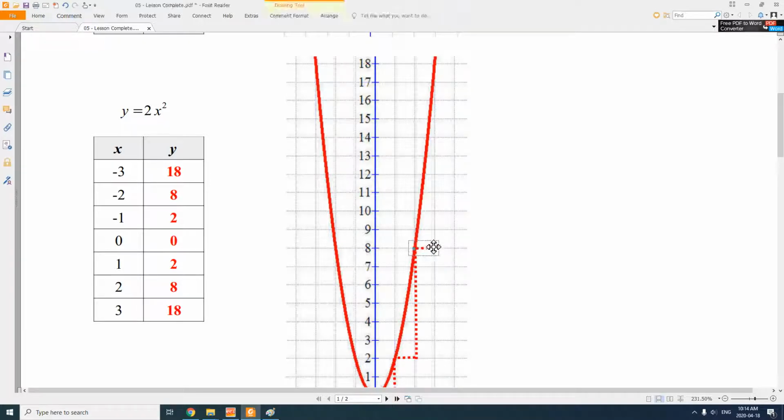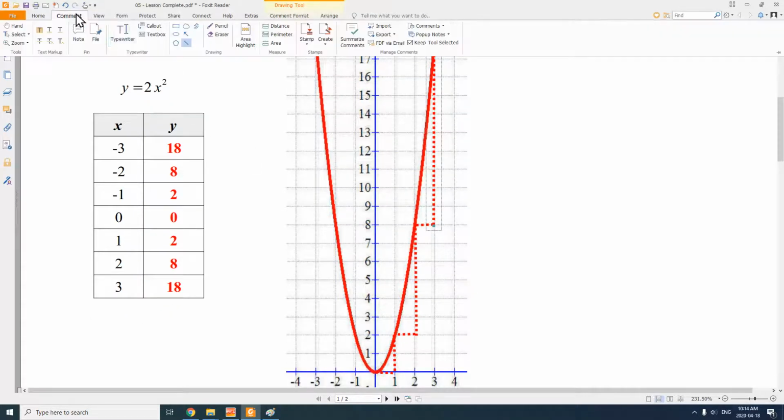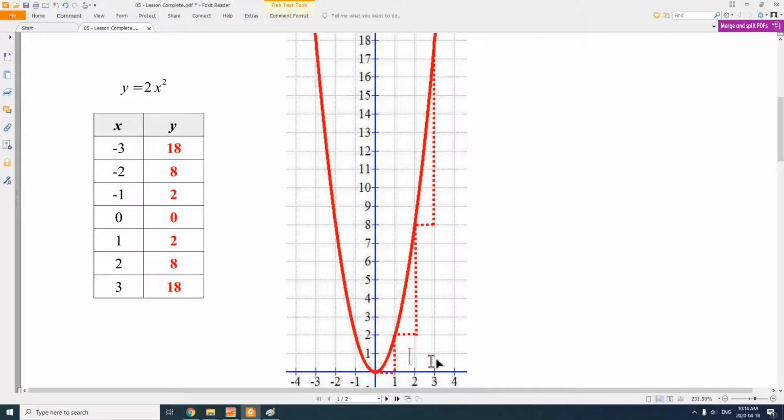Over, and I think I have to go up 10 this time to get all the way back to the parabola. So here my step pattern is now, each time I went over, it went up 2, and then it went up 6, and then it went up 10. Okay, so that's our step pattern for this one. 2, 6, 10.